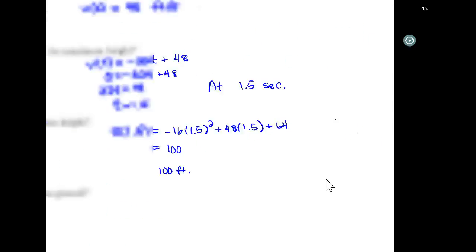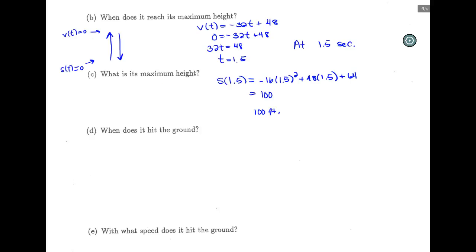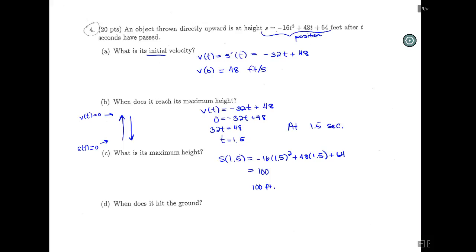Oh, I made it too big by accident. Okay, so let's go back. So our position function was negative 16t squared plus 48t plus 64, and we want to set this equal to 0.